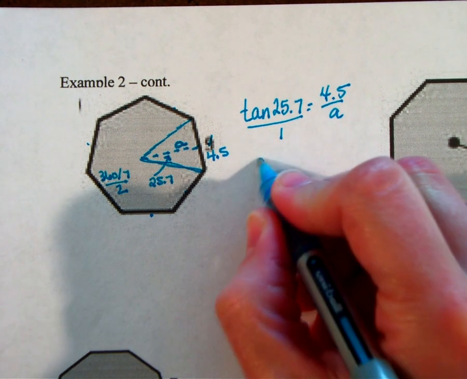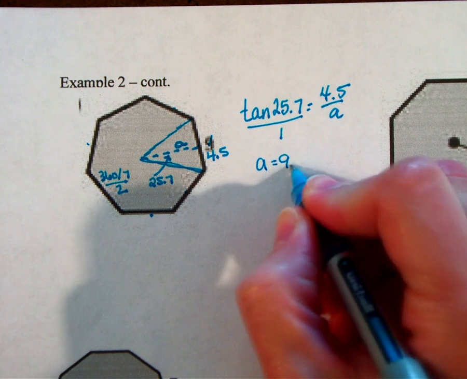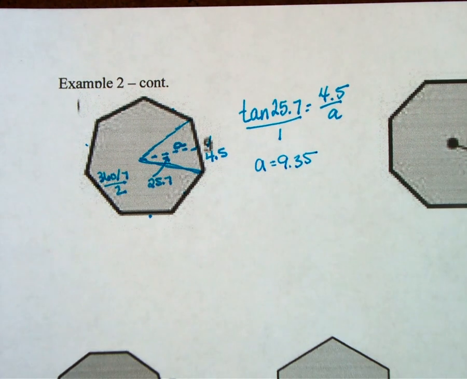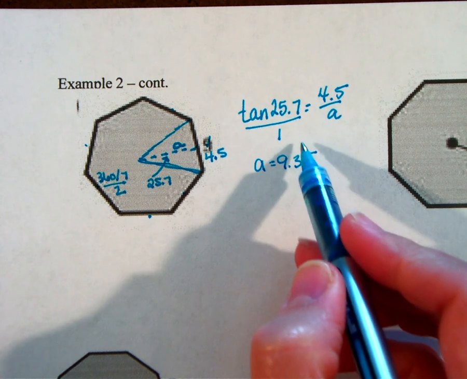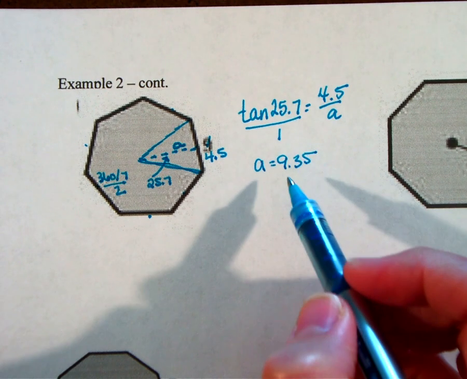So my apothem here equals 9.35. When you're doing your work for this, especially doing the quiz, this number and this work is probably the most important part of it.